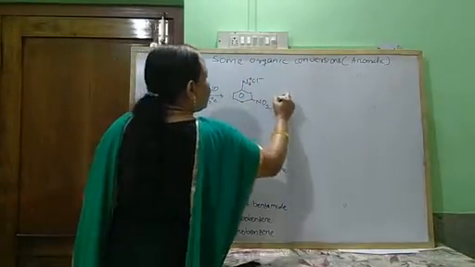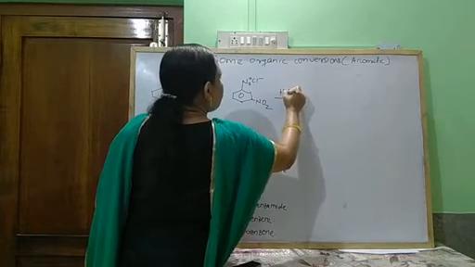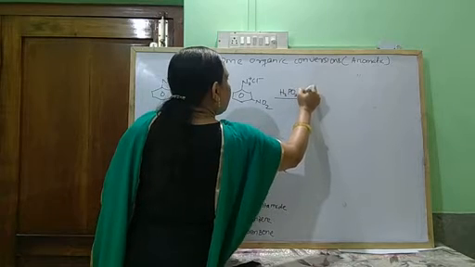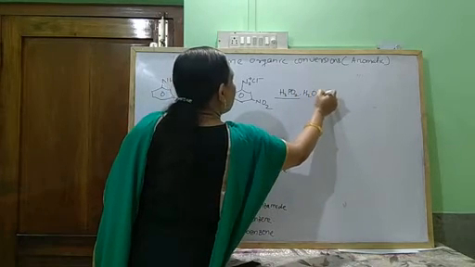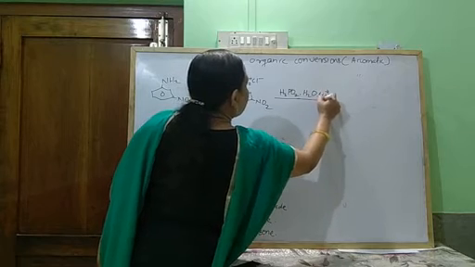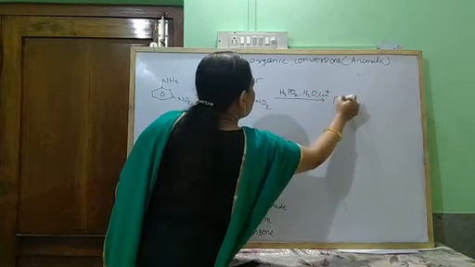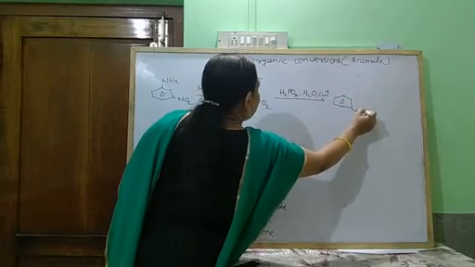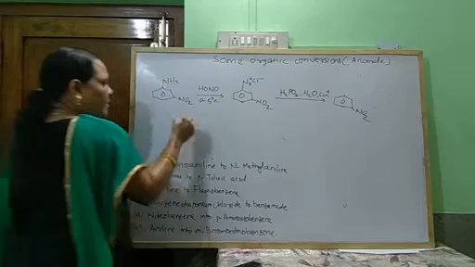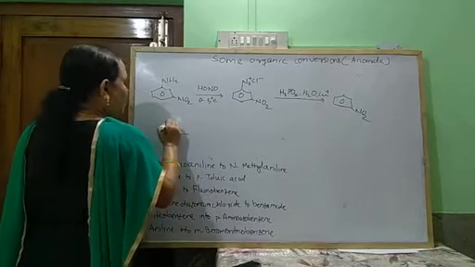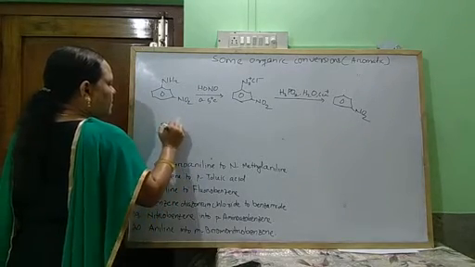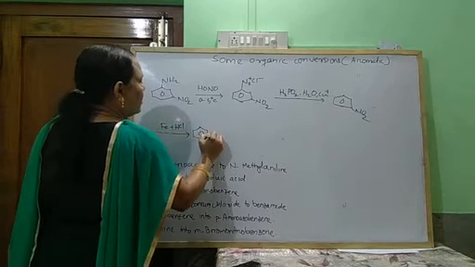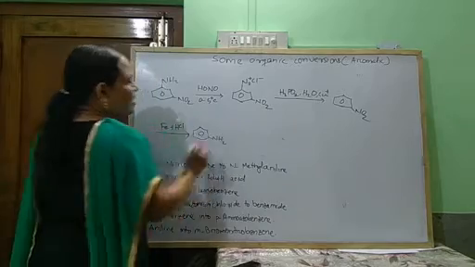Then this is treated with hypophosphorus acid in presence of cuprous salt. It forms nitrobenzene, and this nitrobenzene when it undergoes reduction in presence of Fe and HCl, it forms aniline.